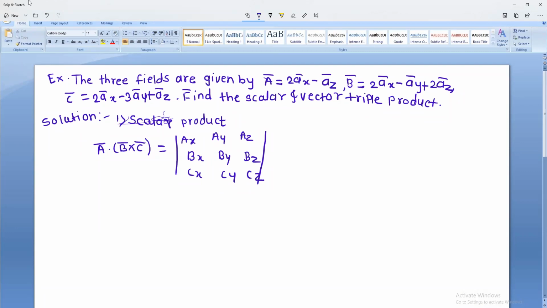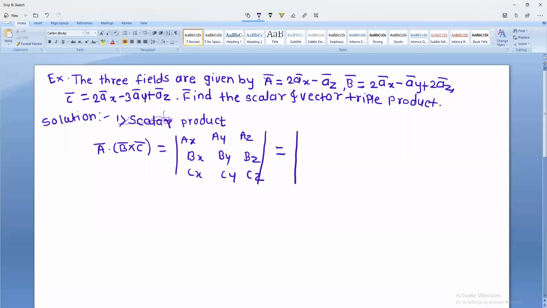Actually, I cannot write in a well manner, so understand. Due to the slate, this is a problem. Okay. So it is equal to.